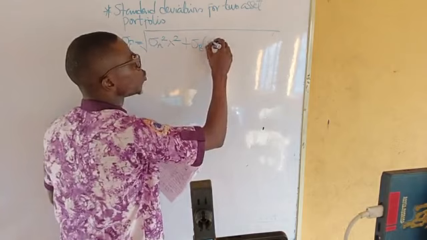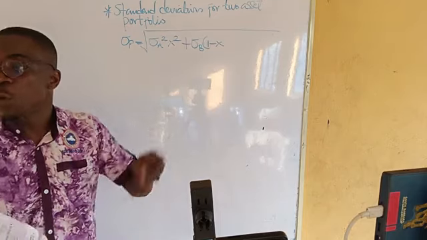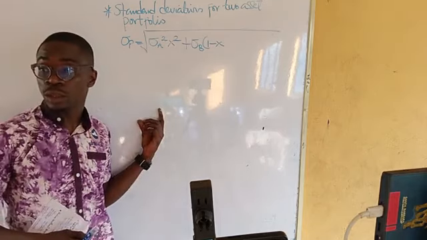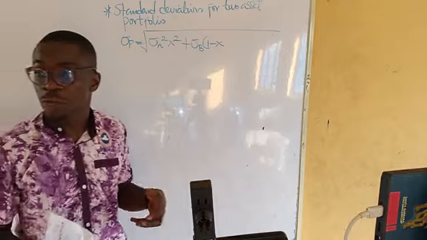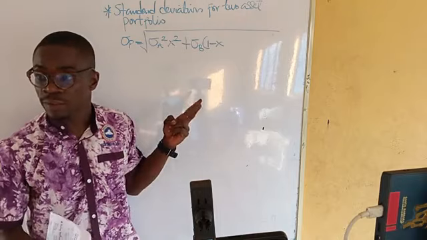Now, minus 1 minus X is used when the weight of B is not given. If you know the weight of A, you will know the weight of B because it's two assets.